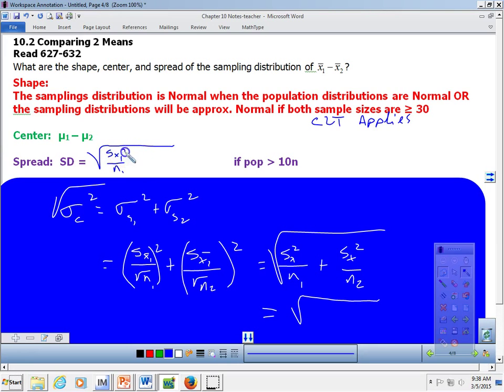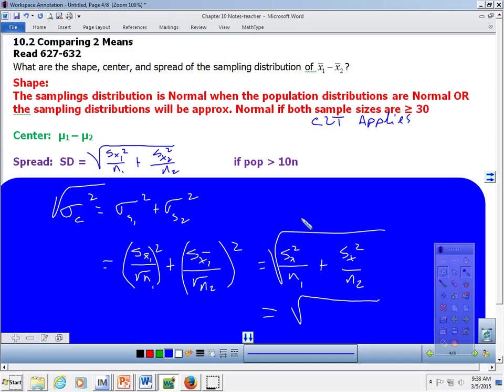Okay? So it's the sample standard deviation of 1 squared divided by the first sample size, and it's the same thing for the second one. So it does look a little bit different than the standard deviation calculation for a sampling distribution for an individual mean, right? For an individual population, okay? So you have to pay attention to that.